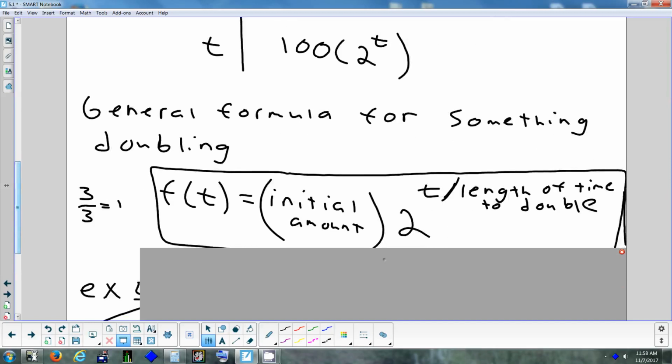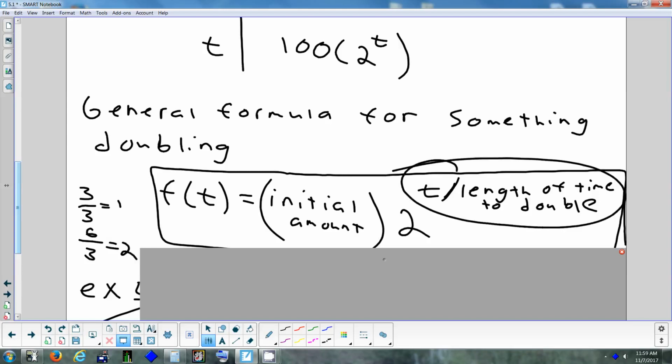How about after 6 days? If something doubles every 3 days, how many times will it have doubled after 6? It'll have doubled twice. So 6 days have gone by. The period of time to double is 3. That's 2 doubling periods. So if something doubles every 3 days, after 6 days, you wouldn't want to put in a 6 as the exponent. This is the number of doubling periods that have gone by.